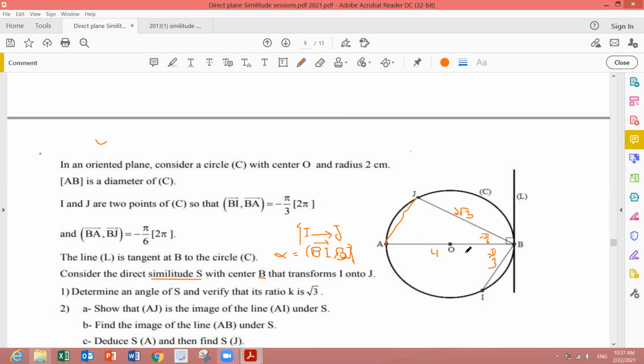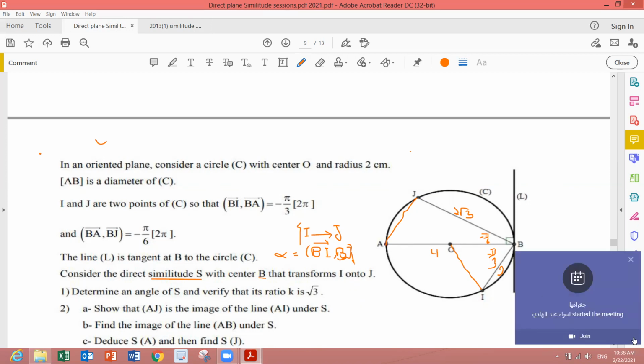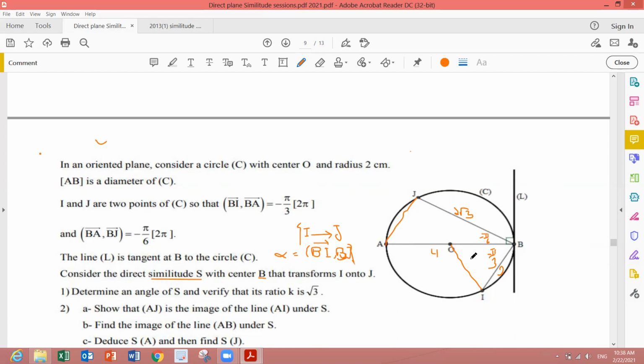Now how to calculate BI? Triangle OBI is equilateral, so this is 2. How did we know BOI is equilateral? OB equals OI, it is the radius, and this angle is 60, so it is equilateral: isosceles with a 60 angle becomes equilateral.